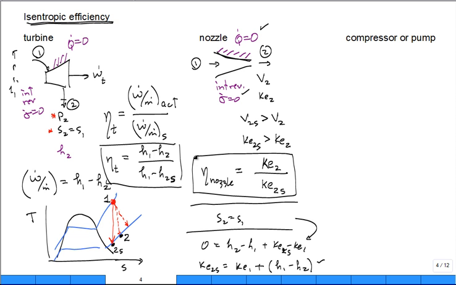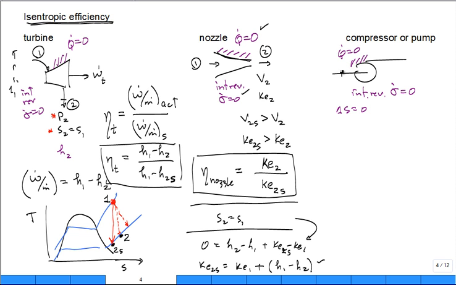All right, what about a compressor or a pump? Same discussion. That's why I'm trying to put it all on one page. If it's insulated, Q dot's equal to 0. If it's also internally reversible and insulated, the sigma dot's equal to 0, then delta S is equal to 0. It's isentropic. That's going to be the best performance of your compressor, best performance of your pump.